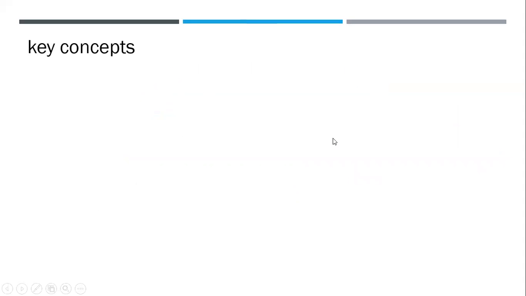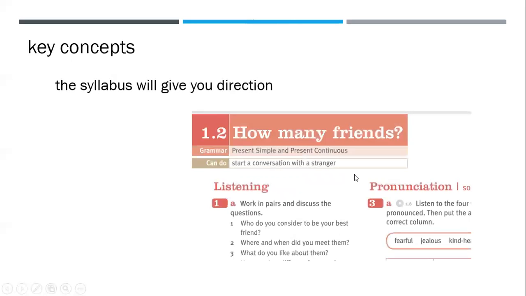Okay, good. Well, a bit of key concepts connected to selecting your aims. If you are lost and you don't know what kind of aims to select for the next lesson, use your course book, use the syllabus. By syllabus, I mean the program. Typically it's the course book that you have with your group. It will give you at least a sense of direction. For example, if I take this course book, it's Total English Intermediate.